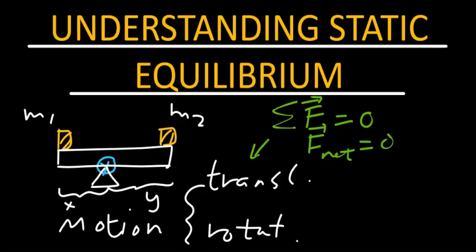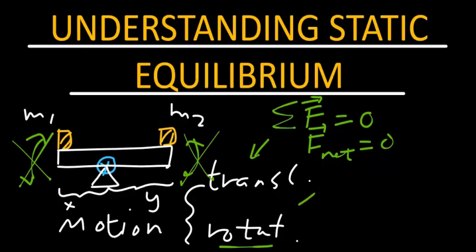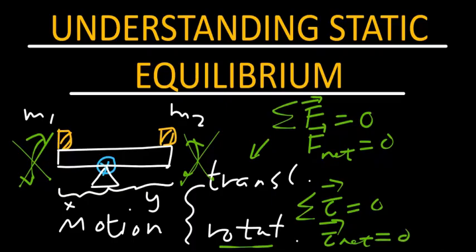But we also have to consider a possible rotation. Let's assume in this case there is no rotation involved. The system is perfectly still. So we say the vector sum of all torques acting on the system is also 0. That means the net torque acting on the system is 0.